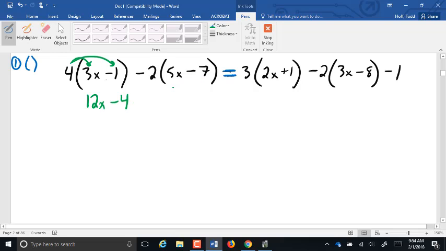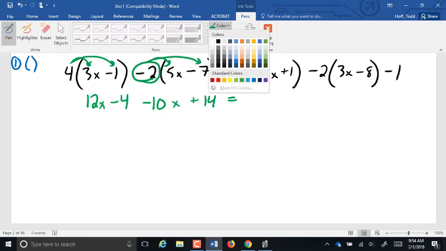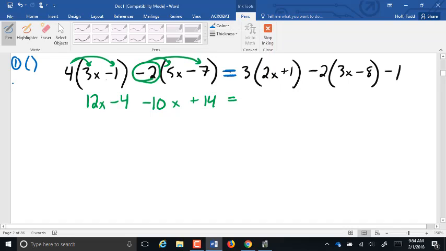Second set of parentheses, again, there's nothing to do in there. So I'm going to multiply by negative 2, we're going to treat that as. So negative 2 times 5x, negative 10x, and negative 2 times negative 7, the positive 14. Now we've done all the parentheses on the left side. Before I move over to the right side, I can actually keep going over here.